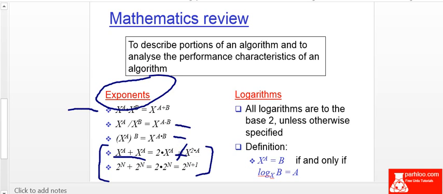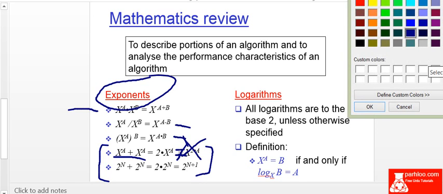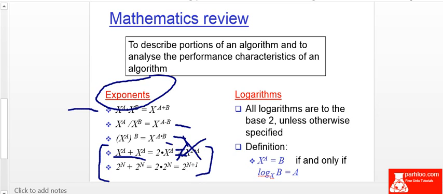Let's be very explicit. X raised to the power a plus x raised to the power a is equal to 2x raised to the power a. Get it? Okay. Similarly, please note this rule as well and just keep it in your mind.